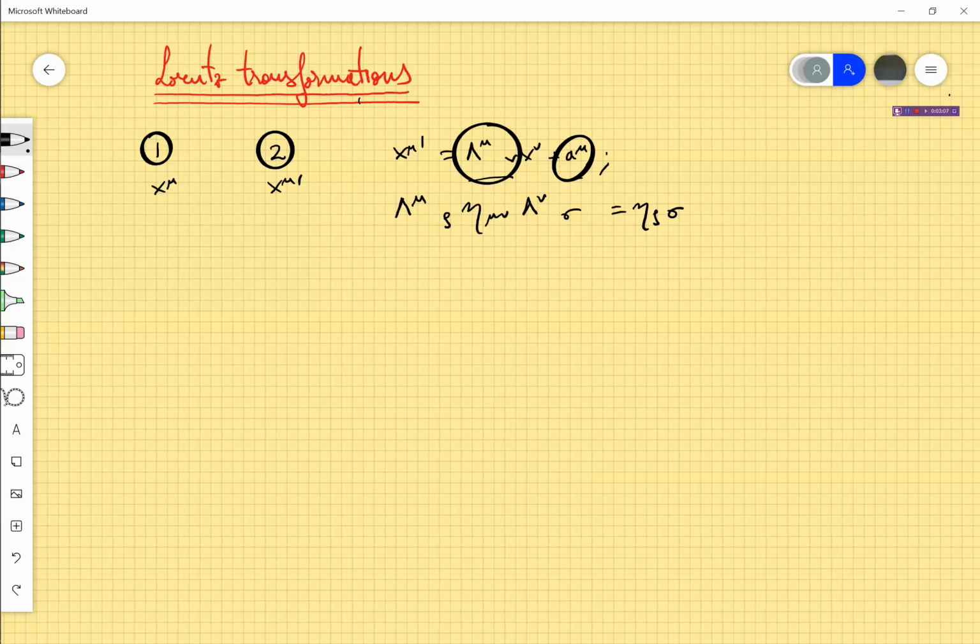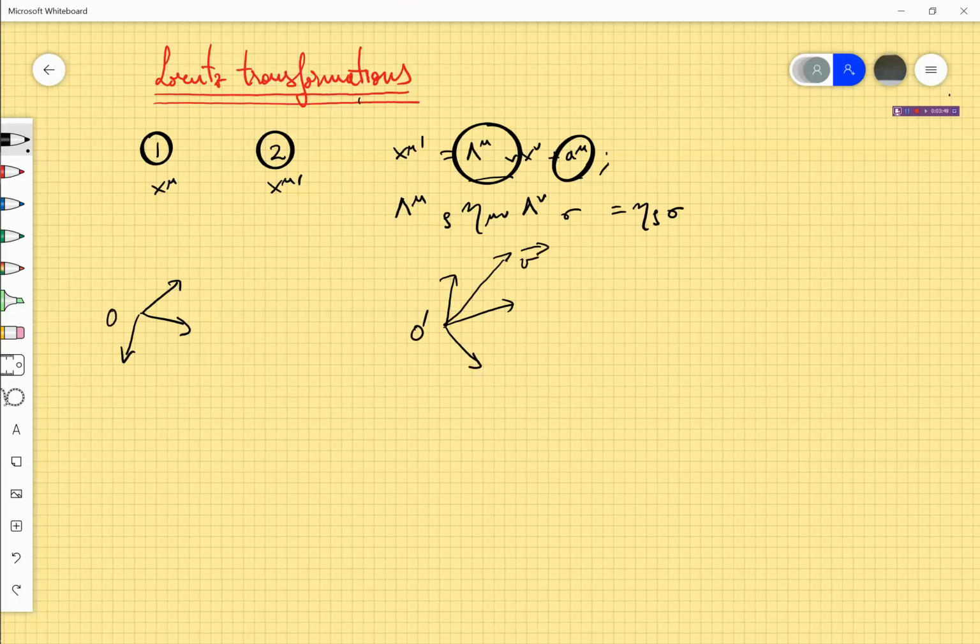The setup is that system 1 has its three spatial axes, at a given time, in this position, for instance, and system 2 has its three spatial axes in a different orientation, and on top of this, it is moving with the speed v, measured in coordinate system 1. The origin will be O, and the origin of this one will be O'.